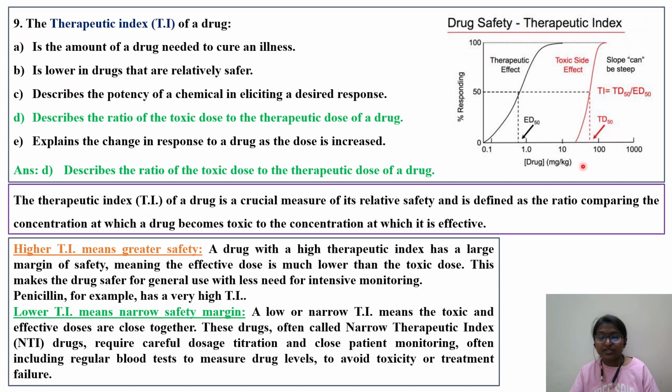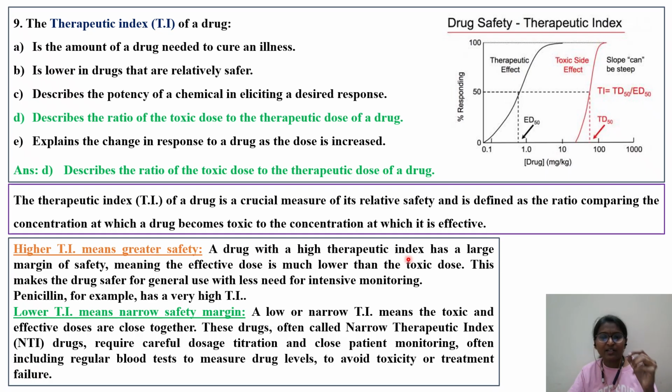The concentration or amount of drug taken is on the x-axis and the percentage of response is on the y-axis. So we'll see these two inferences. Higher therapeutic index: if drug X has a high therapeutic index, for example 50, it means greater safety. The distance between these two is wider, so it is good.